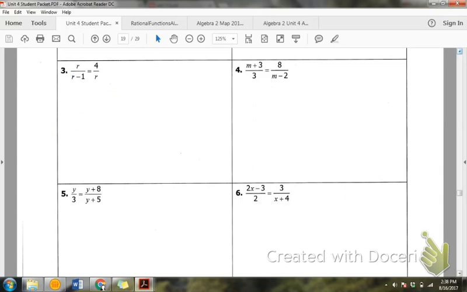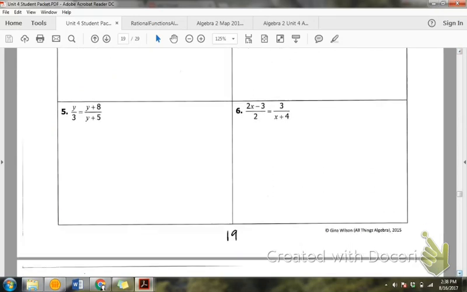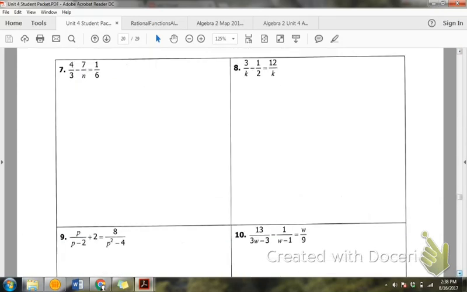We have to be able to have a common denominator because all on this first page is just 1 fraction equals 1 fraction. On the second page, though, we have 2 or 3 fractions in our problem, 3 or more sometimes. So if we're looking at number 7, what is the common denominator between 3, n, and 6?